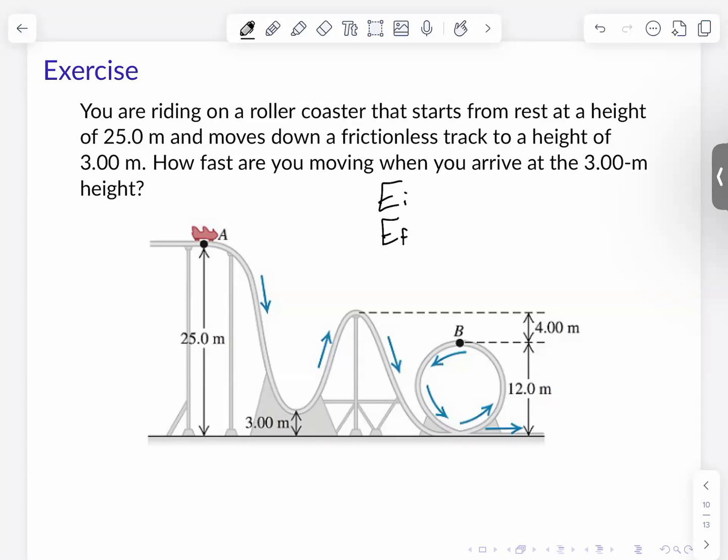No, you don't need the mass. You don't need the mass. It's like Martin Luther. You don't need the mass.